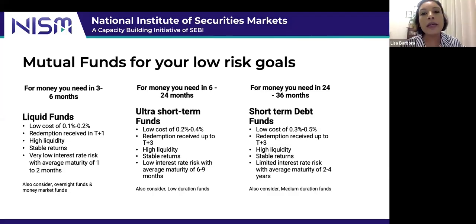It could also be collecting enough for a down payment on a house or a car, or even buying a car. All these kind of goals which are there within like 1 to 3 years, can be addressed through debt funds.